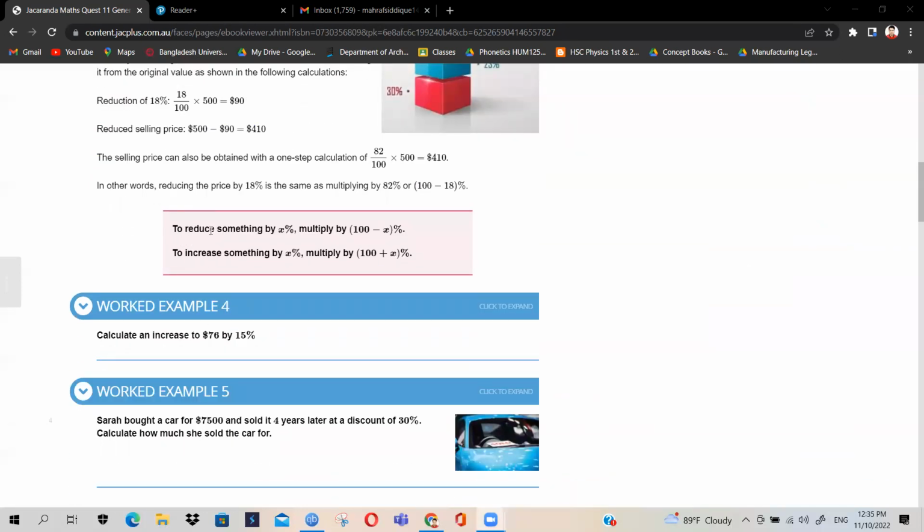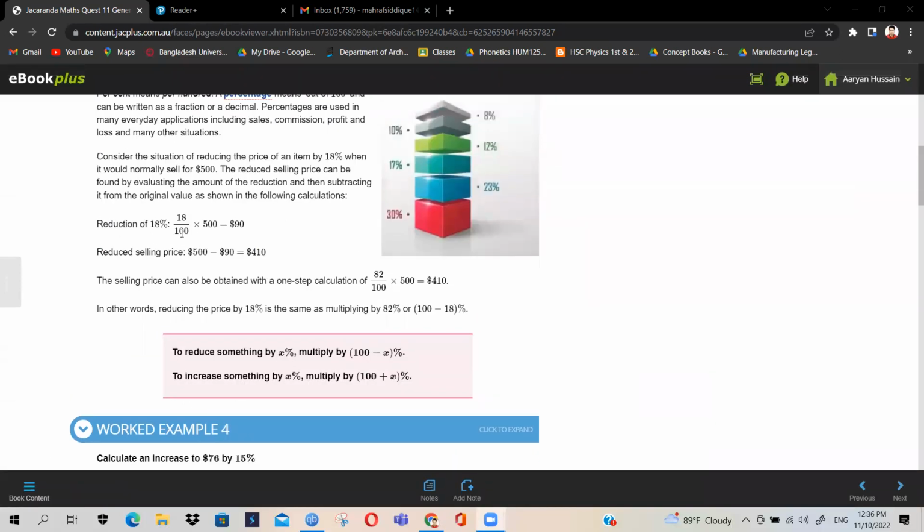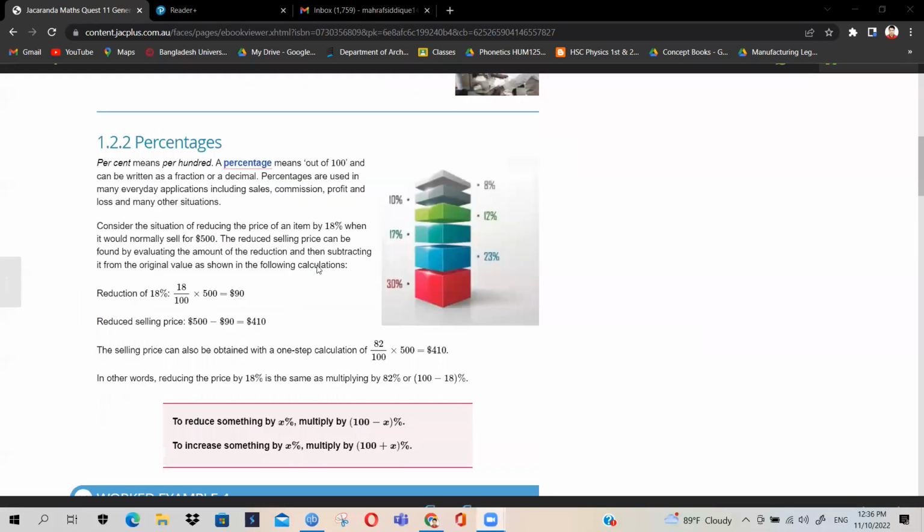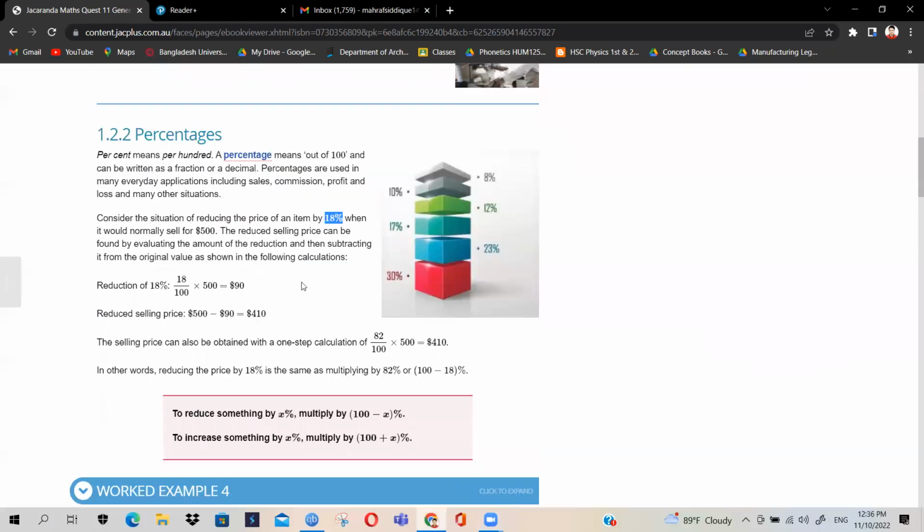We will see. To reduce something by X%, multiply by 100 minus X%. So you can also do that. If the reduction is 18%, that means the price will be 82% of the previous price.